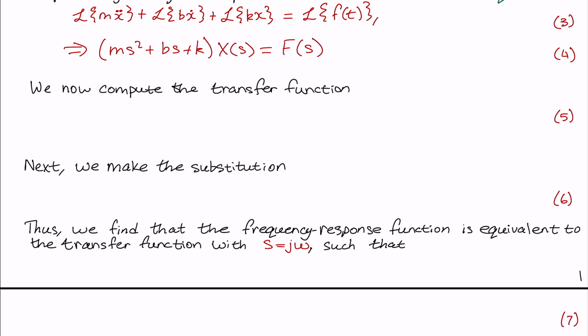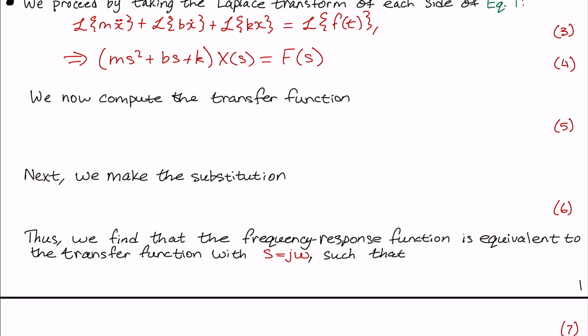All right, we're now going to compute the transfer function, which we call g of s. This is going to be equal to X of s divided by F of s. In this case, these are both scalars. X of s and F of s are both scalar functions rather than vector functions, so we can just straight up divide them.